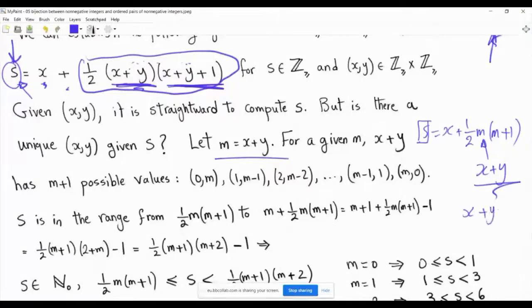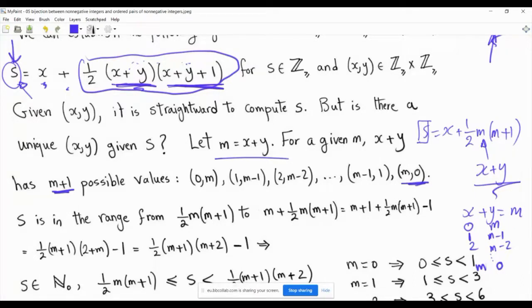If x plus y is equal to m, then it may be the case that x is 0 and y is m, or x is 1 and y is m minus 1, or x is 2 and y is m minus 2, all the way to x being m and y being 0, right? So we have possible values from x being 0 and y equal to m, to the other way around, in which x is m and y equal to 0.